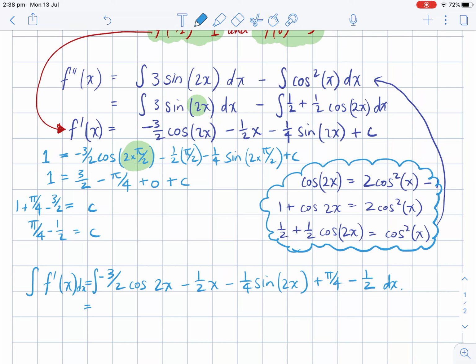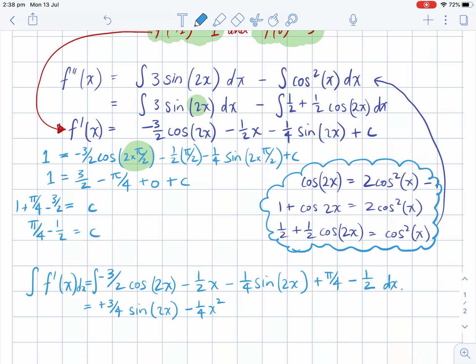Now I've already done the conversion with the double angle formula, so this is a little bit easier. The antiderivative of negative 3 on 2 cos 2x is, and I've got to divide by whatever's in front of x, so this is going to become negative 3 on 4 sine 2x. The antiderivative of negative a half x is negative a quarter x squared.